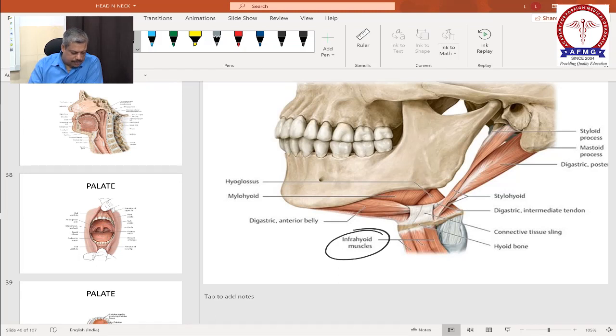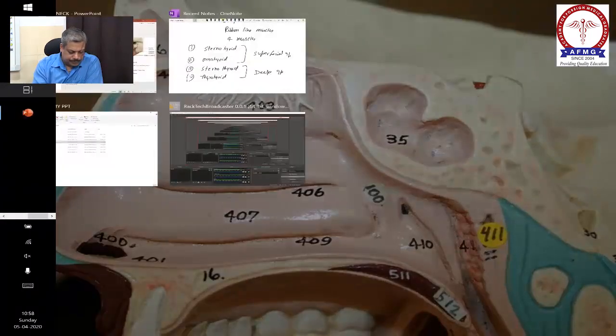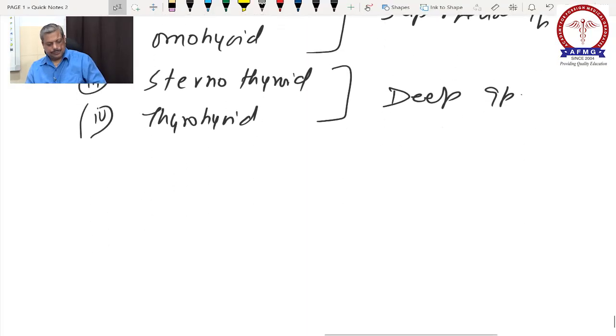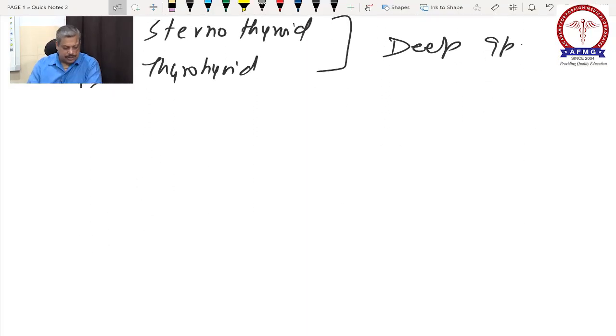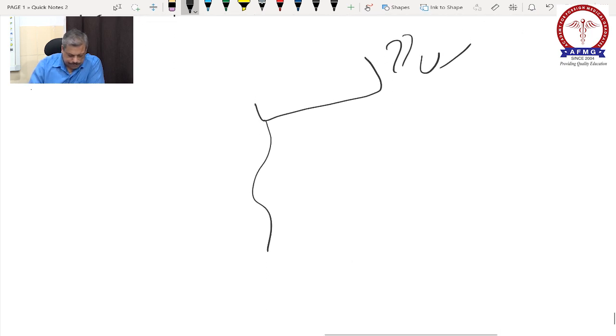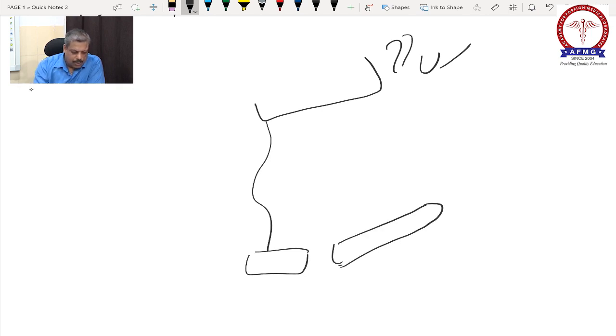Now come to the diagram which we have drawn to see the suprahyoid and infrahyoid muscles. I can draw a new image. This is the mastoid process. This muscle is the trapezius muscle.